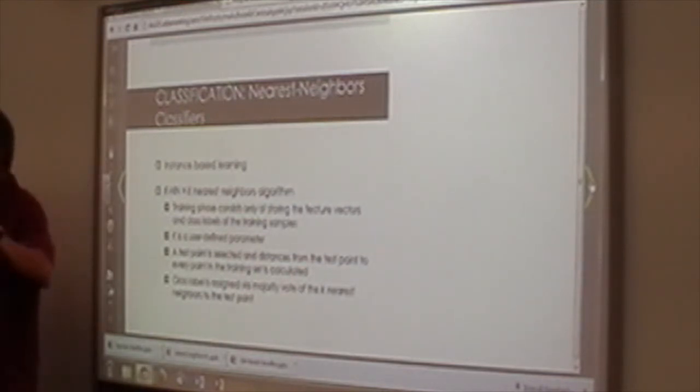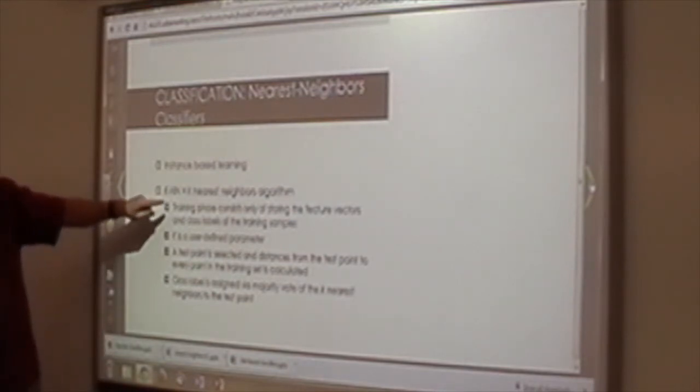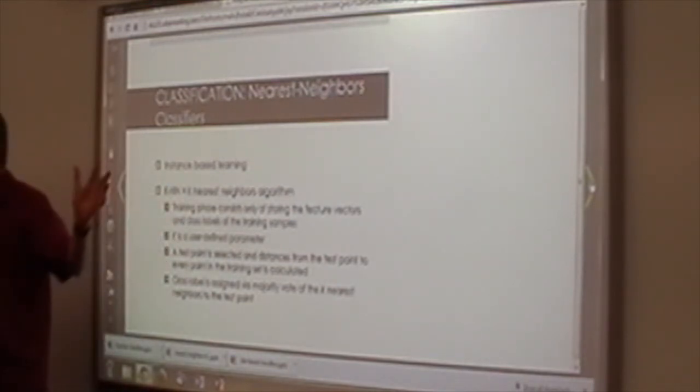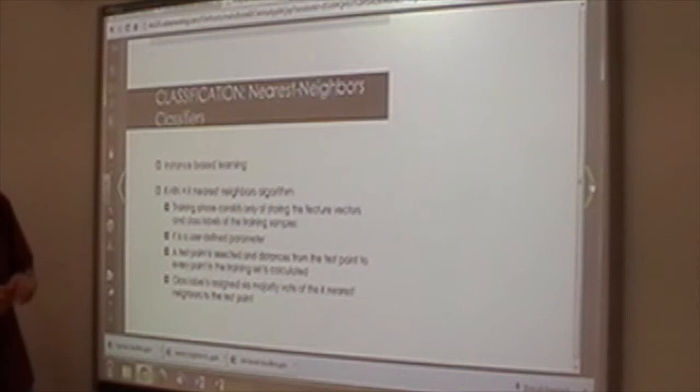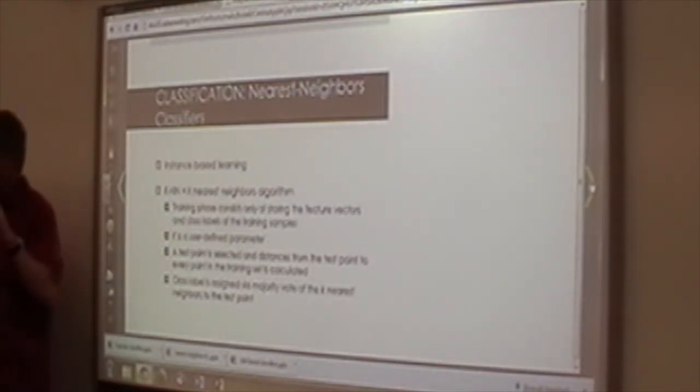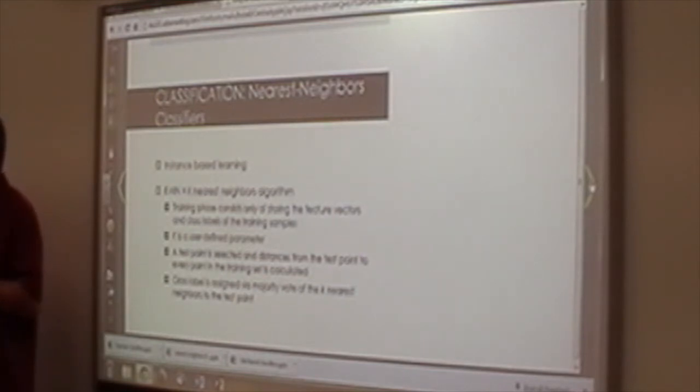It's not going to learn a model. It stores the training set along with the class labels. In the last example, hard contact lenses, soft contact lenses, or not.